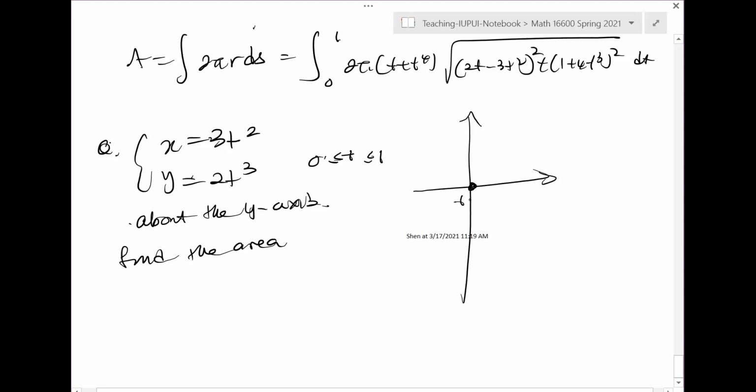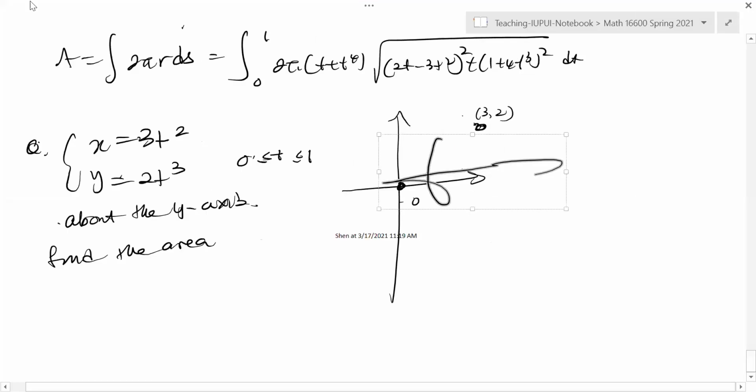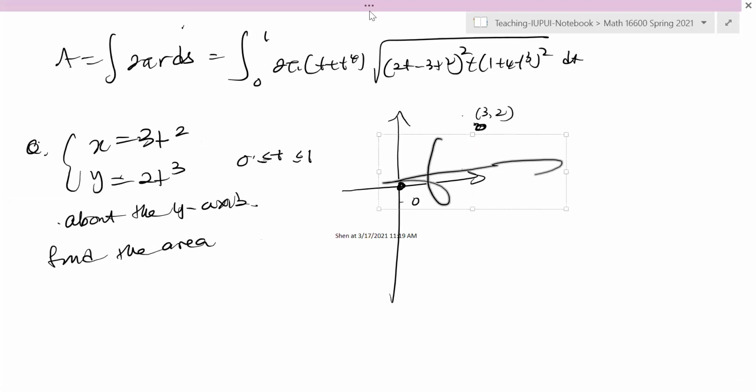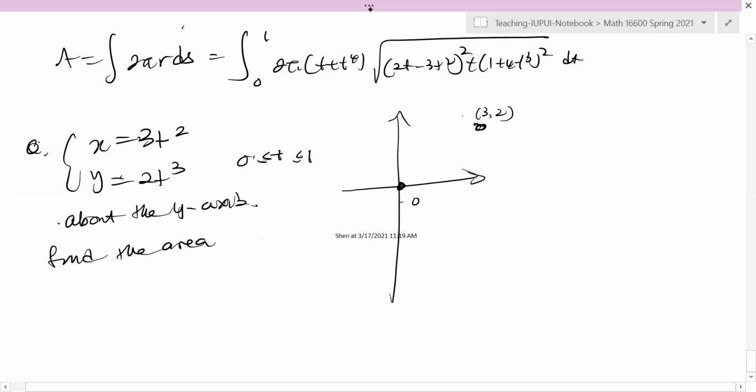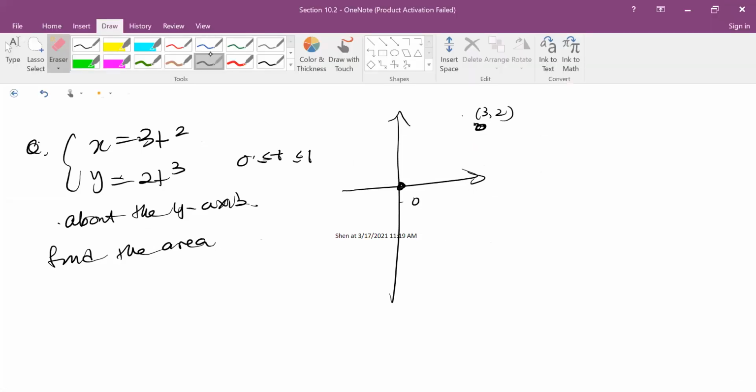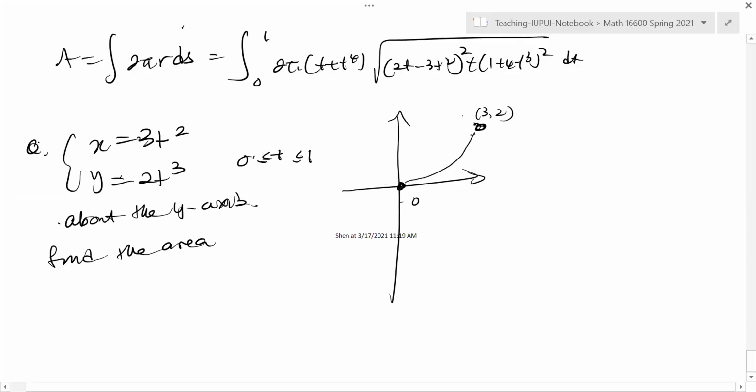And when t equals 0, it's here. When t equals 1, then I get 3 and 2, that point. So here's the curve, okay? So this is the curve, and it's rotated about the y-axis.